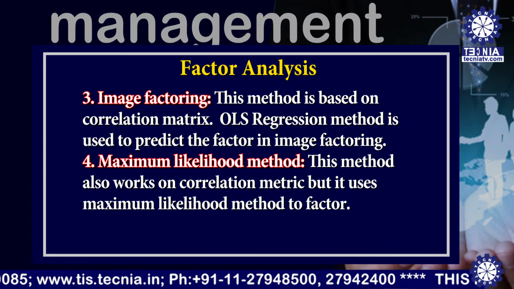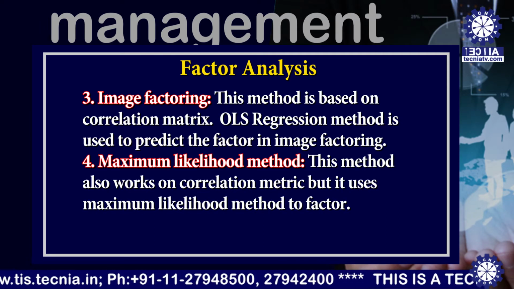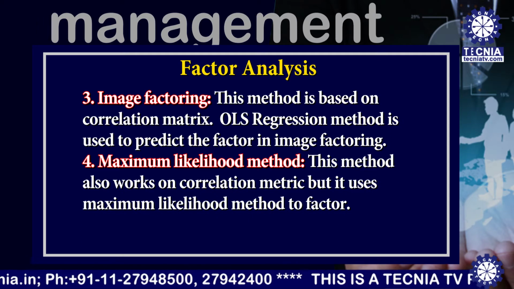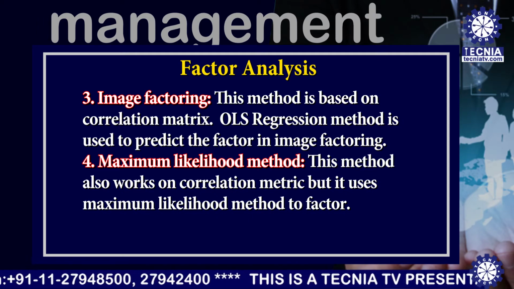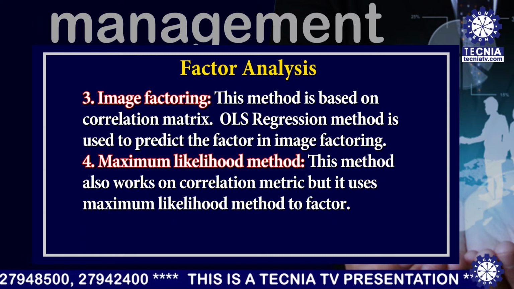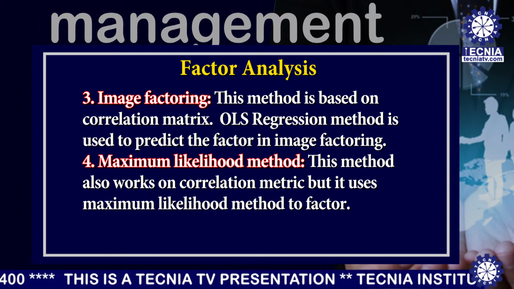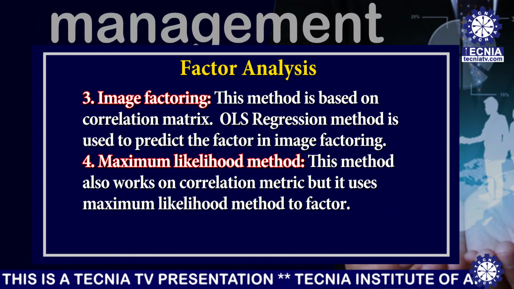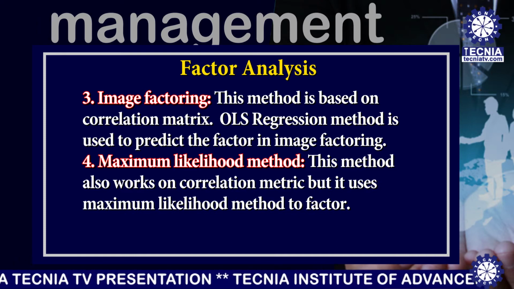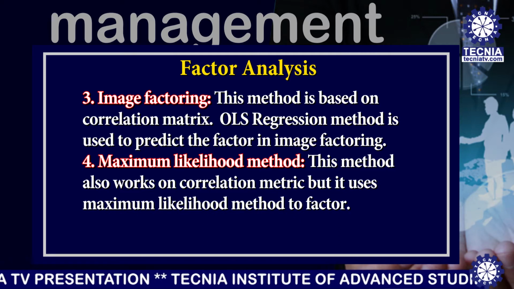The third one is image factoring. This method is based on the correlation matrix. OLS regression method is used to predict the factor in image factoring. Fourth one, that is the maximum likelihood method.